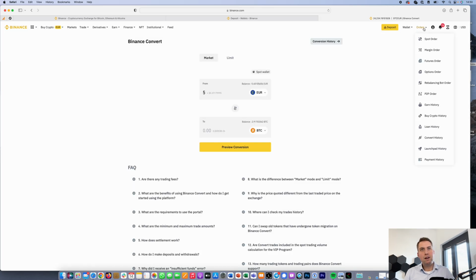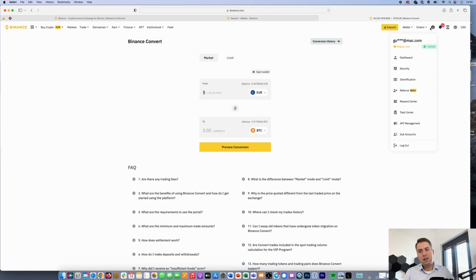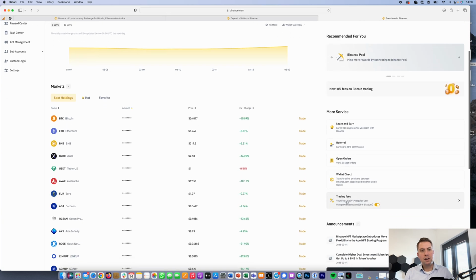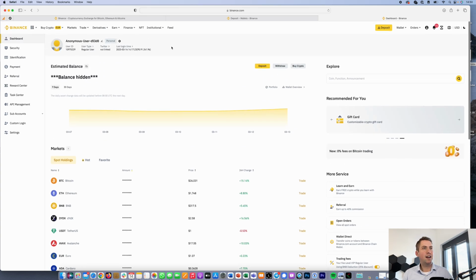You can also lower that fee if you pay your fees via BNB. Therefore, you need to check that box here. And you need to have some BNB in your spot account, and then it automatically pays all the fees with BNB, and then you're basically saving 25%. So you are only paying 0.075% as a fee, which is also fairly low.